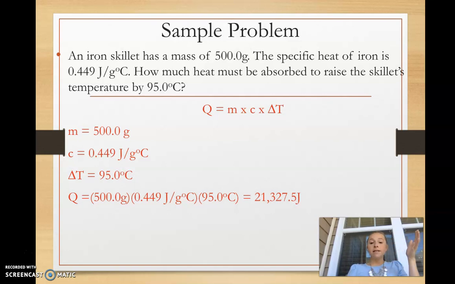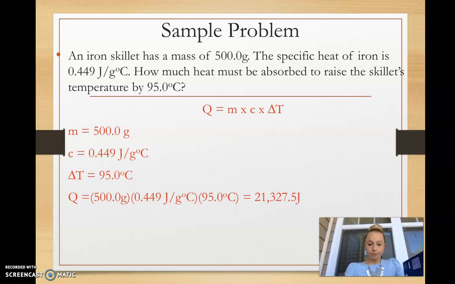And then it says how much heat must be absorbed to raise the skillet temperature by 95 degrees Celsius. Well, it's telling us right there that it's going to change by 95 degrees Celsius. So that's going to be our delta T. So you just plug it all in and you multiply all those numbers and you will get 21,327.5 joules. Because remember, our unit for heat is going to be joules.